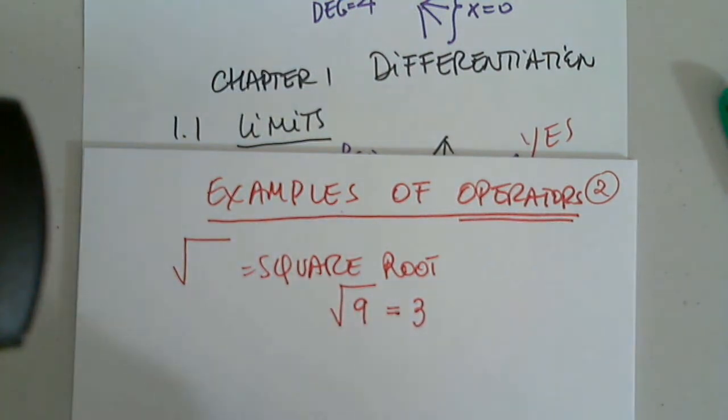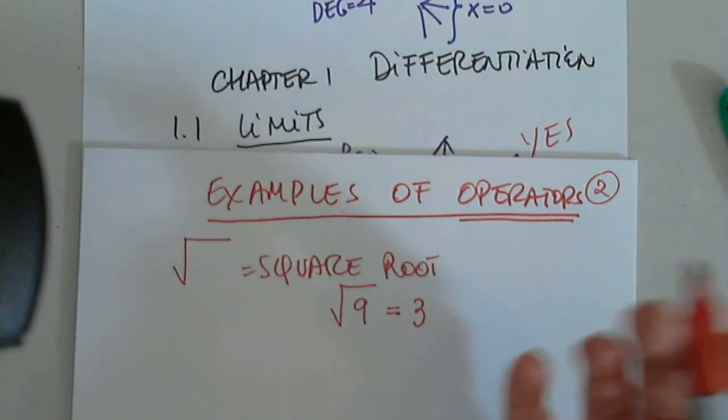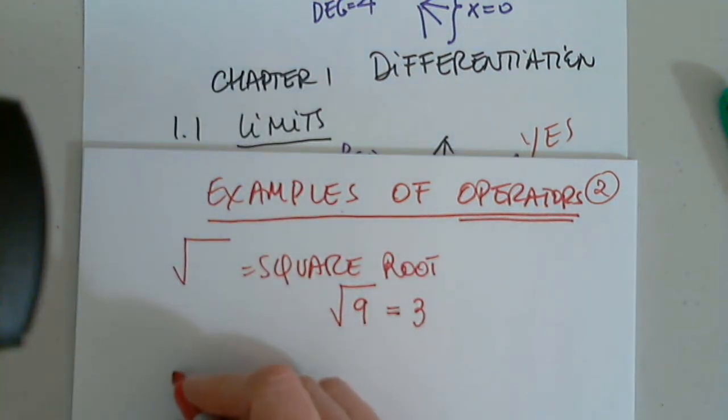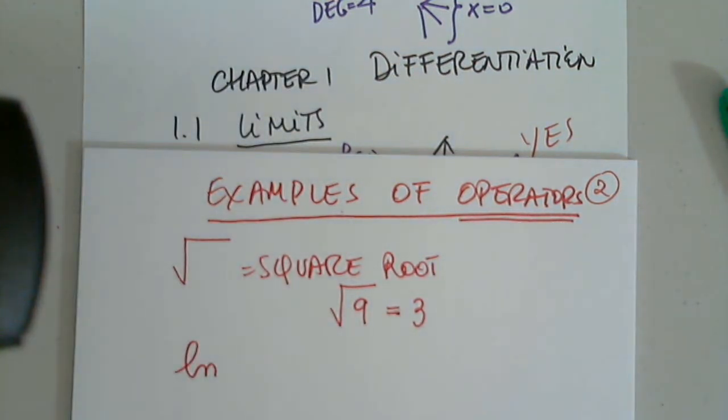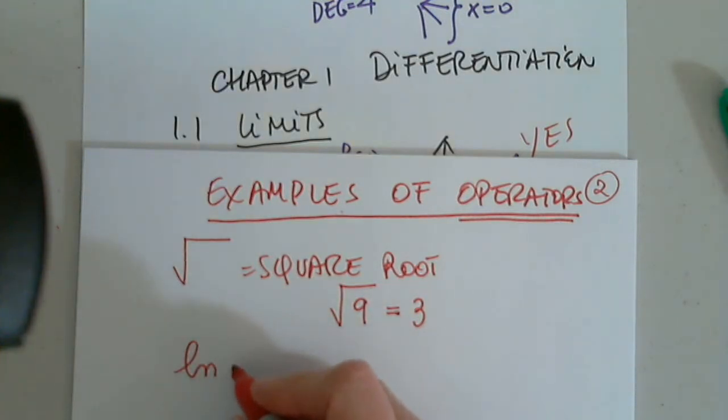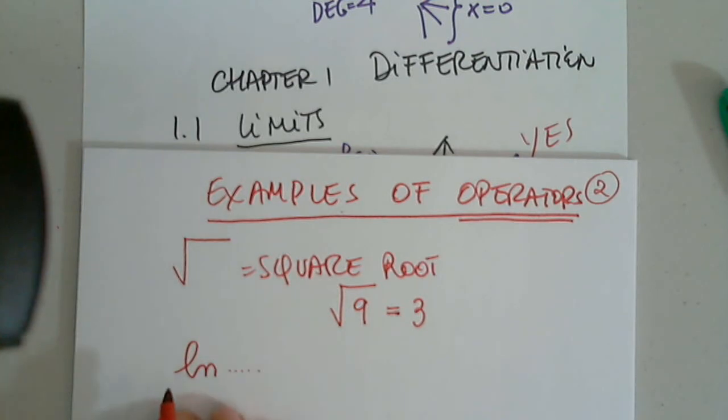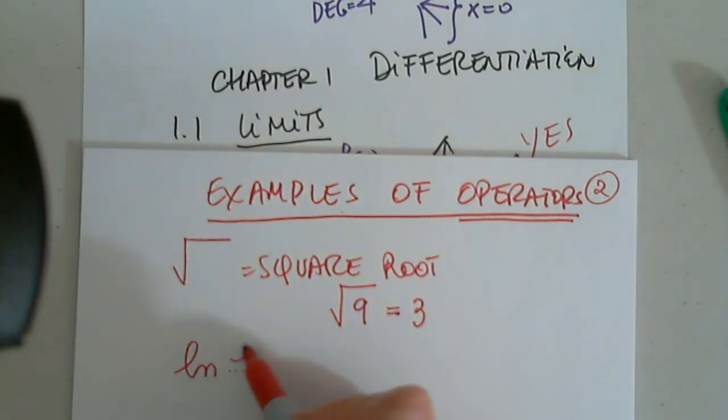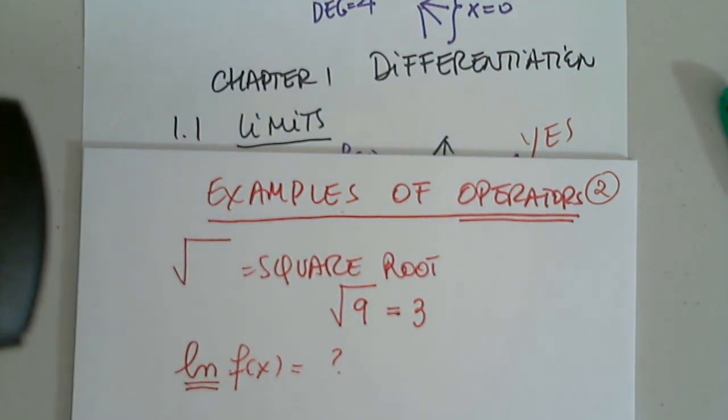Here's another one. I know we haven't talked about this, but I'm sure you have seen natural log applied to a function, to whatever. It's an operator, it is applied to a function, and we get some sort of result. This is another operator, natural log.